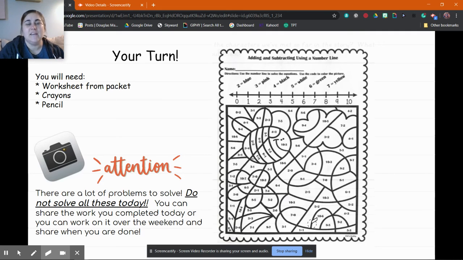It is way too many problems. You can do a small portion today and share what you've done, or you can take a few days and share the entire picture with me. It does not make any difference to me.